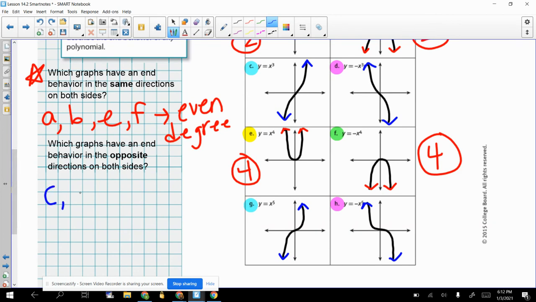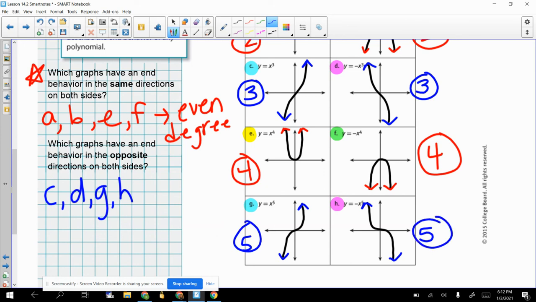So C, D, G, and H. And all of these are x cubed, negative x cubed, degree 3, and x to the 5th, negative x to the 5th, degree 5. So all of these, 3, 5, 7, are odd degrees. That's another thing that will help us in determining what a polynomial will look like.